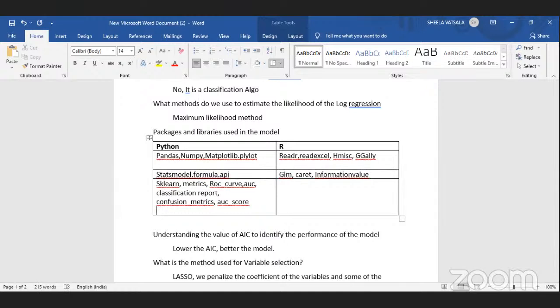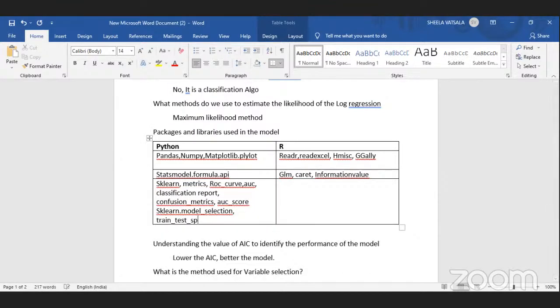Data preprocessing, model selection, sklearn dot model selection. We use train_test_split. Yes, this is what we use.